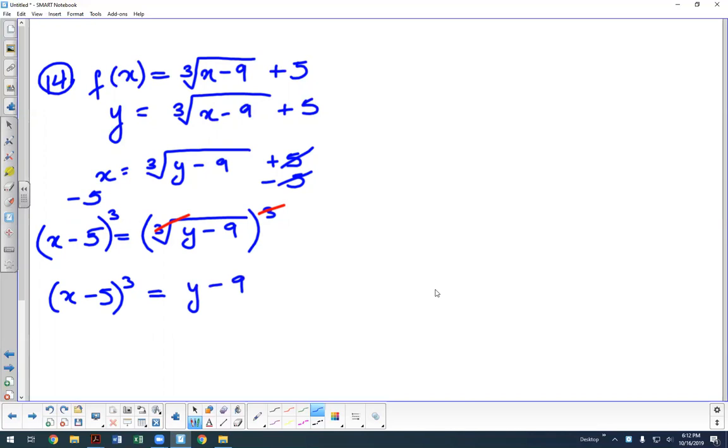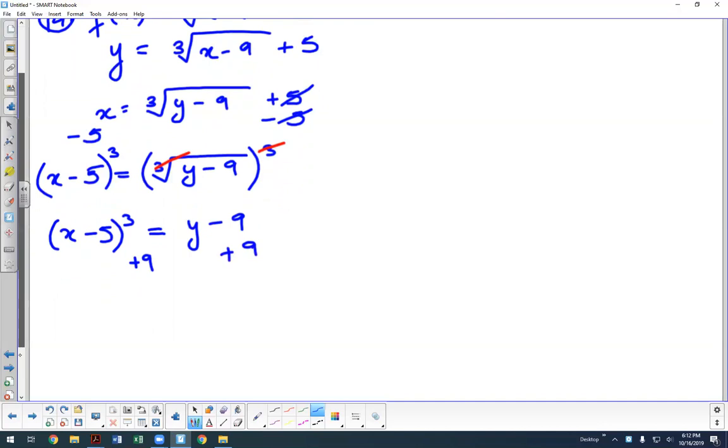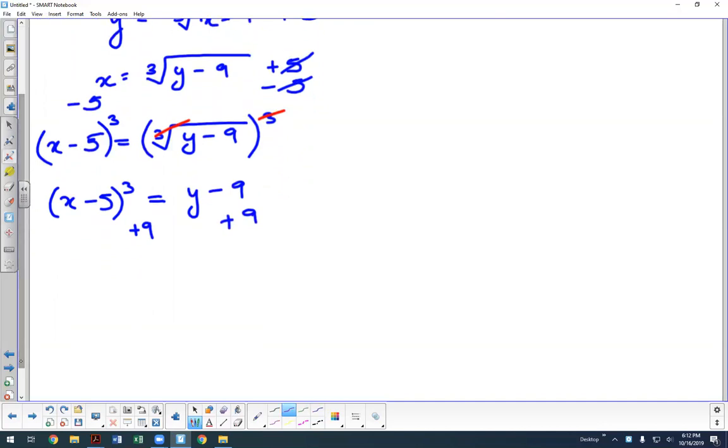Our goal is to get the y by itself, so obviously that means we need to add the 9 to both sides. These guys will cancel out. You end up getting x minus 5, the quantity to the third power, plus 9 equals y.